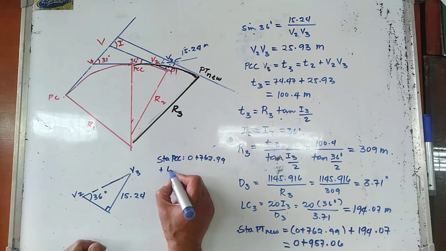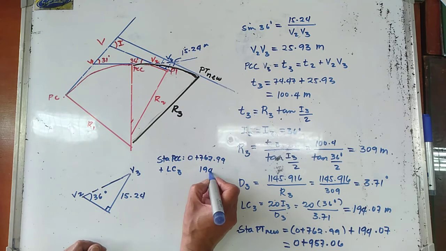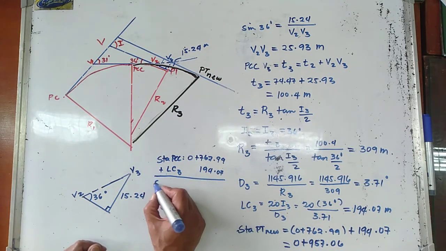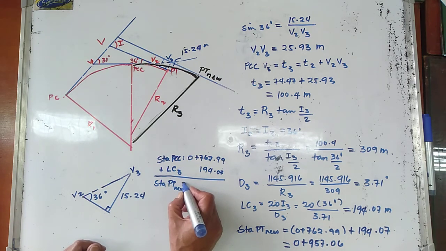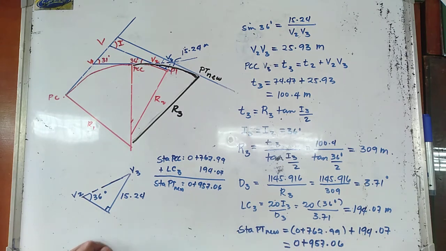So, i-add natin ang LC3 which is 194.07 and therefore, that is now station of the new PT. So this is now 0 plus 957.06. So this is now the station of the new PT.